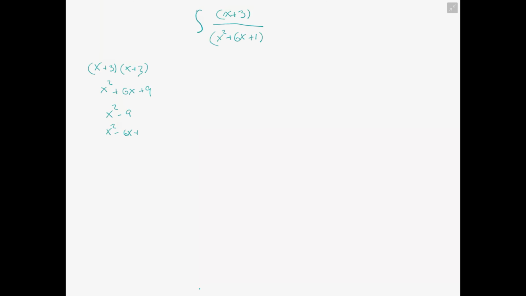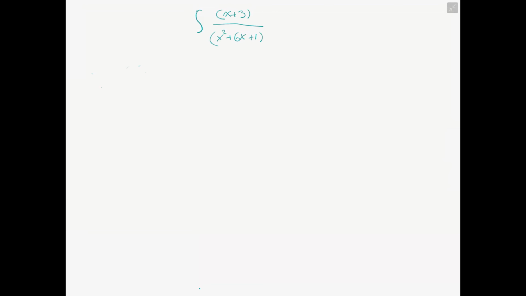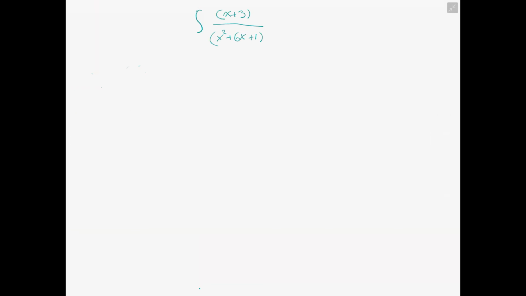And if we took a minus, we'd have x squared minus 9, which is not what we want. And if they were both negative, that would be x squared minus 6x plus 9. So there's no way that can be factored. So that's out of the question.